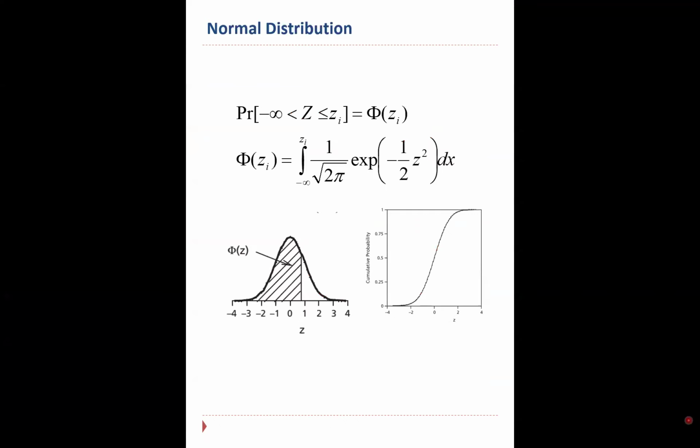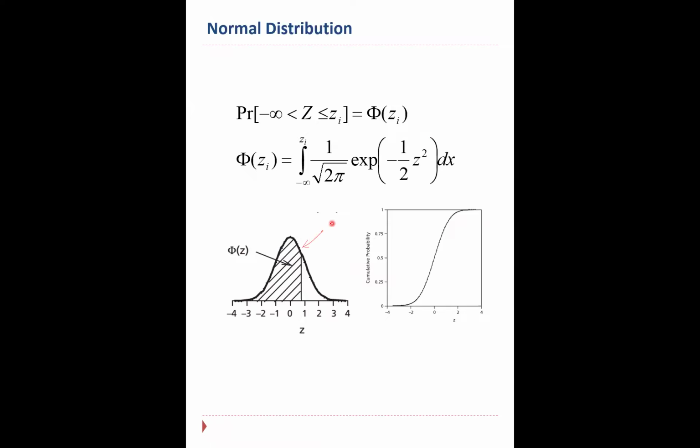This is the similar thing that I have explained, that the probability that a z value is between minus infinity and z will be represented by phi of z. It is the integral, and it represents the area under the probability density function below z.